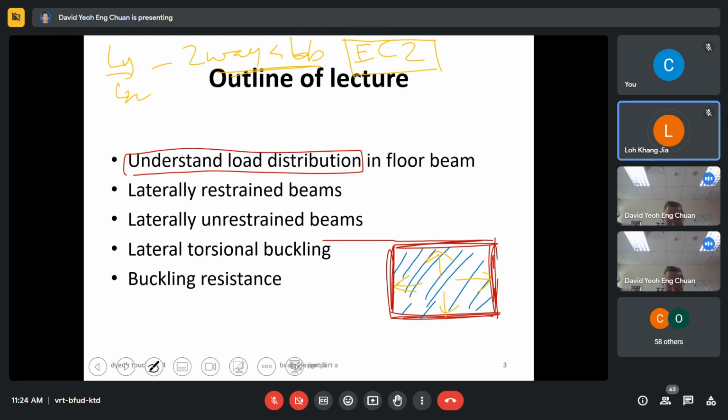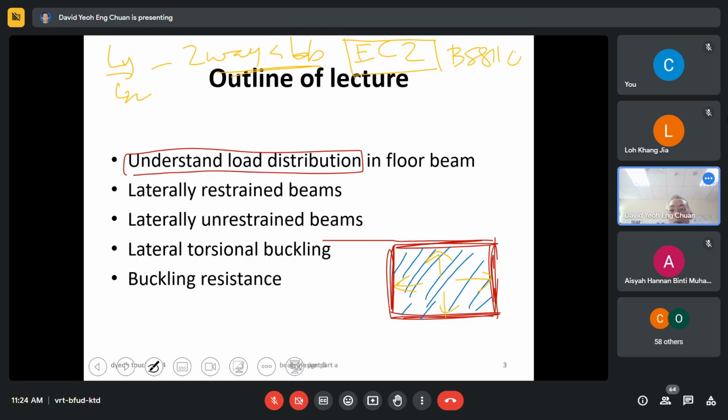Okay, all right. Yuling also answered BS 8110. I give Kang Chia the bonus first. Okay, Yuling, where in BS 8110? What is this table?